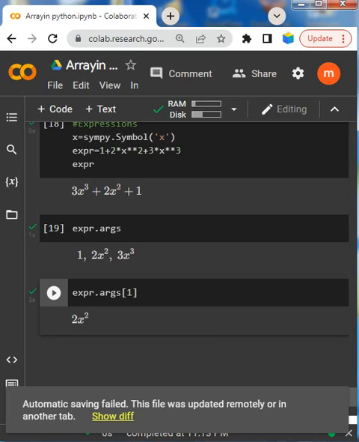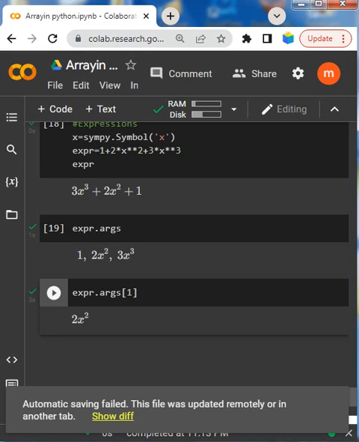A tree can be transformed between mathematically equivalent forms using simplification and rewriting functions. Generally we do not change the expression passed to the functions, but we create a new expression.